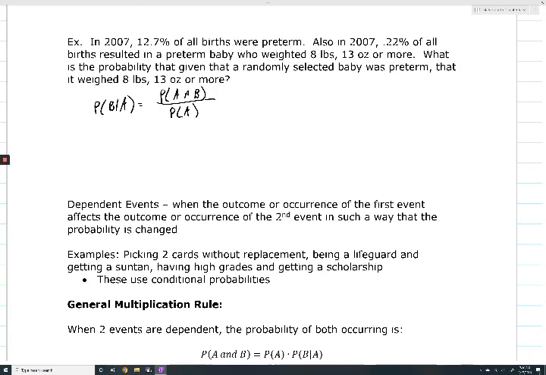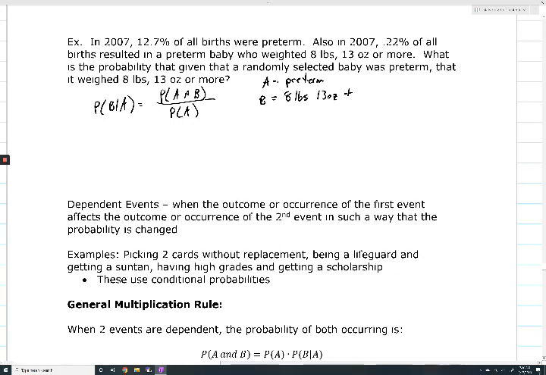So let's go through and figure out our two different probabilities, our A and our B, and then which one is given. So it appears that our two different events are if the baby was preterm, and then if the baby weighed more than 8 pounds, 13 ounces plus.